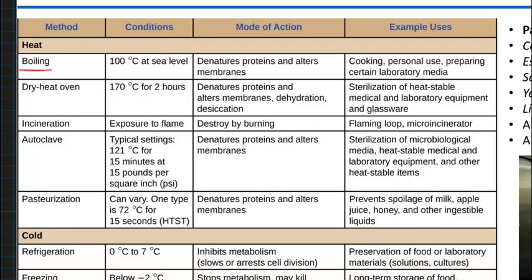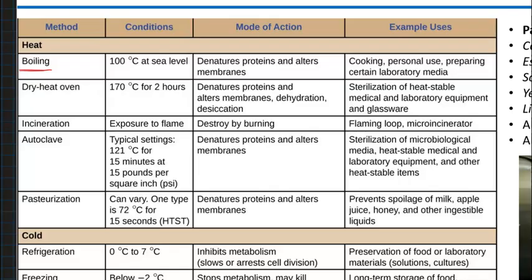Well, obviously not boiling, but like autoclave. What is autoclaving? Pressurized steam, okay? And you must know what level of control it can achieve. Am I making sense?